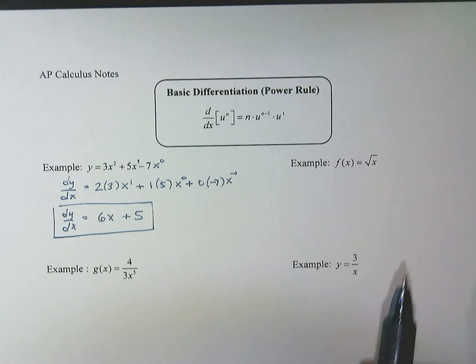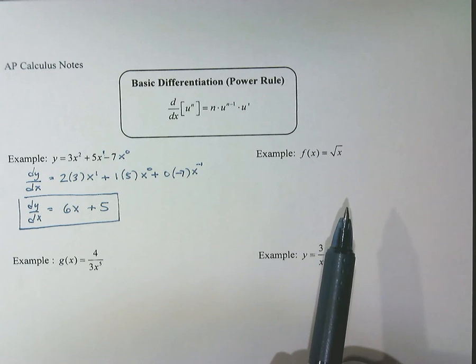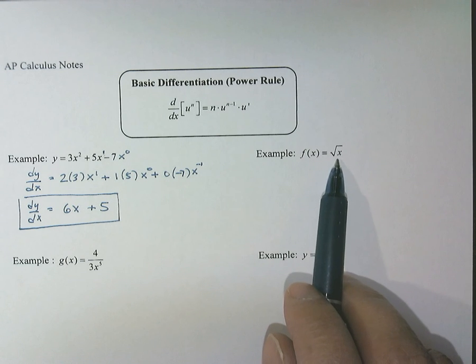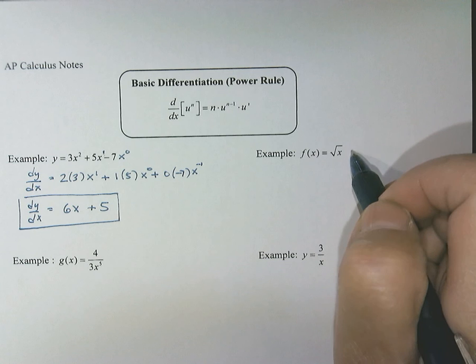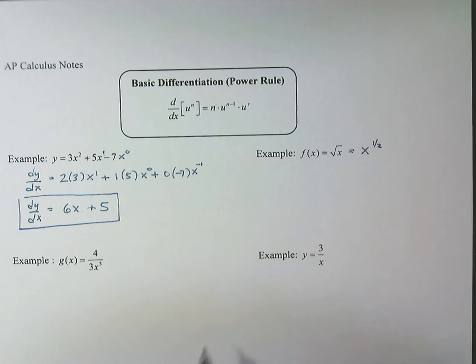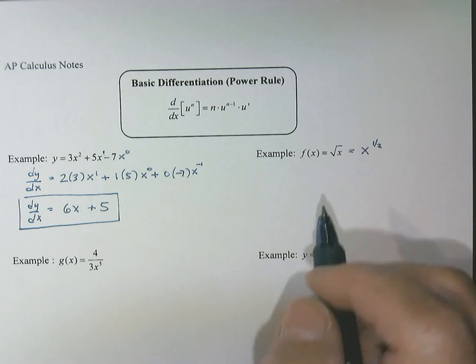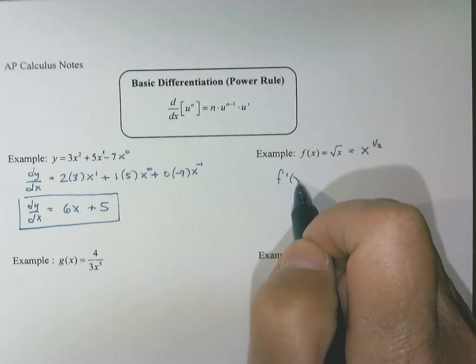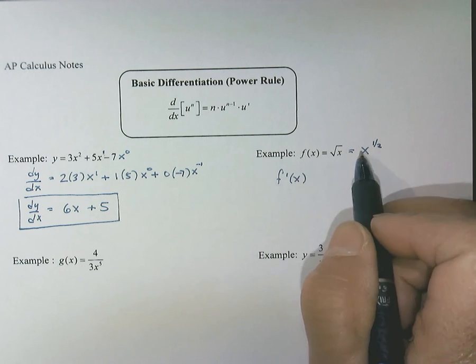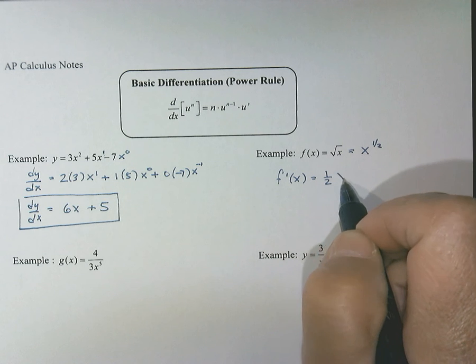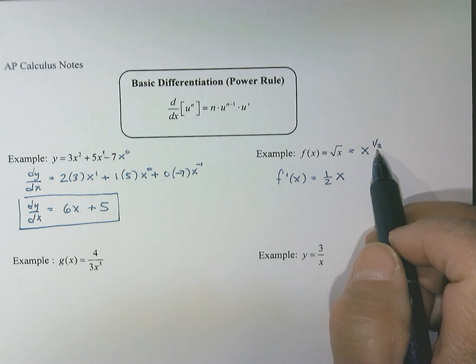The next example, sometimes you're going to have to just rewrite the function. So this function is the square root of x. This is the same thing as saying x to the 1/2 power. So if I want to do the derivative of that, I'm going to bring the 1/2 in front, multiply it by x, but I'm going to subtract 1 from 1/2.